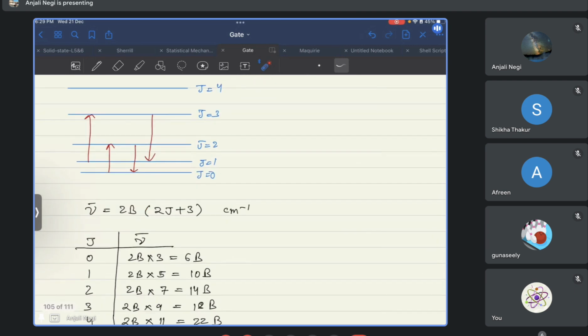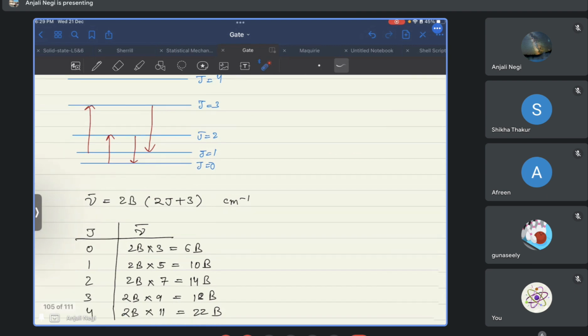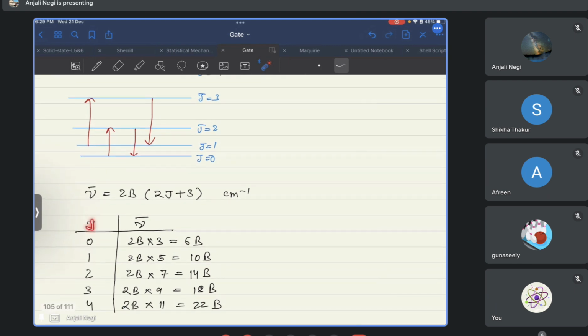So the wave number that we defined by the expression 2B(2J + 3) centimeter inverse, you can just make a table of J and wave number. Filling up this table with J 0, 1, 2, 3, 4 and simply solving this formula, putting in my J value, I will get 6B, 10B, 14B, 18B and 22B.